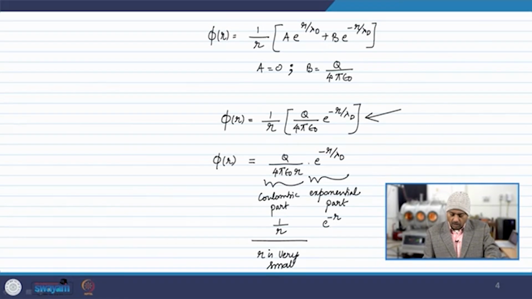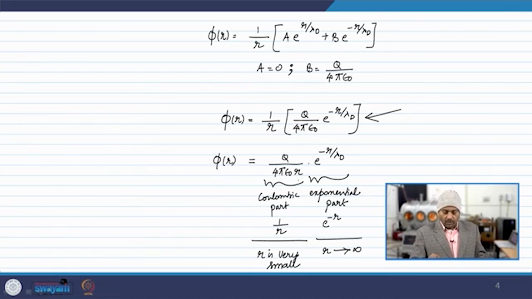Because when r is very small, only then e to the power of minus r by lambda d is equal to 1 and is not negligible. And this is relevant when r tends to infinity, r is very large. So, what is the meaning of this renewed potential? The external test charge effect cannot be felt beyond lambda d, that is what we have to prove.